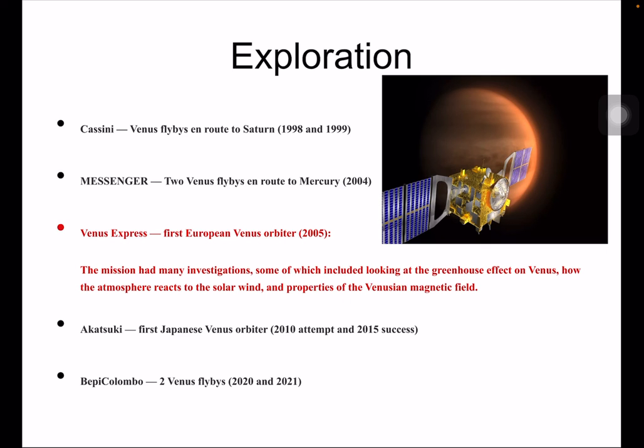It's also the first European Venus orbiter, from 2005. The mission had many investigations, some of which included looking at the greenhouse effect on Venus, how the atmosphere reacts to the solar wind, and properties of the Venusian magnetic field. Well, that's all.